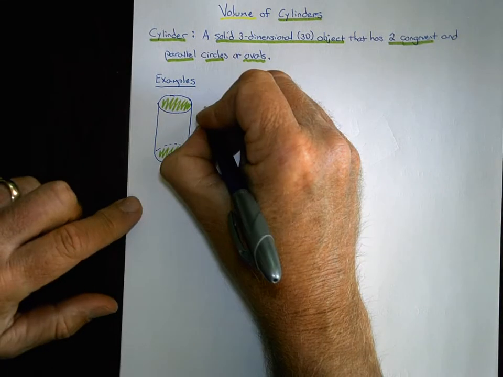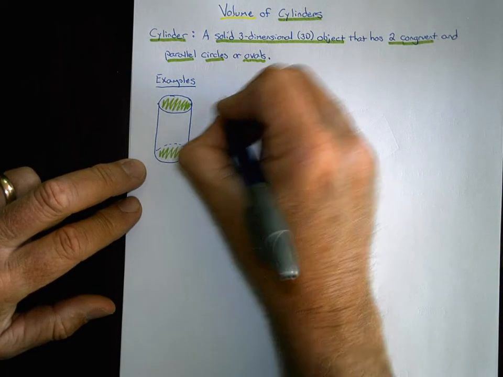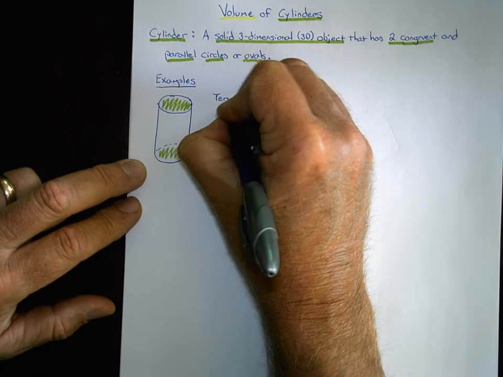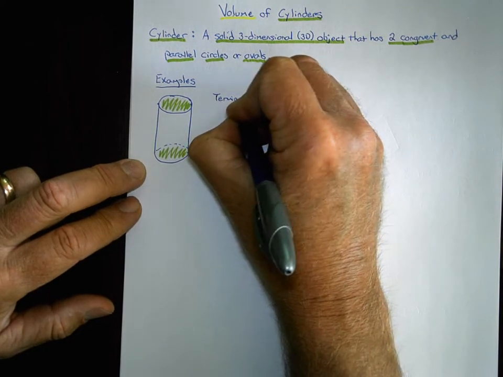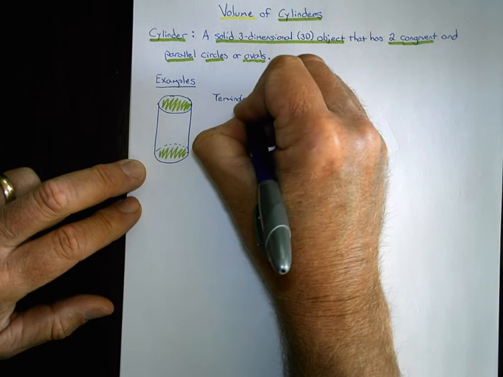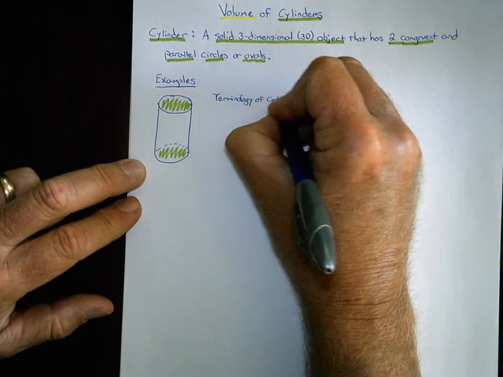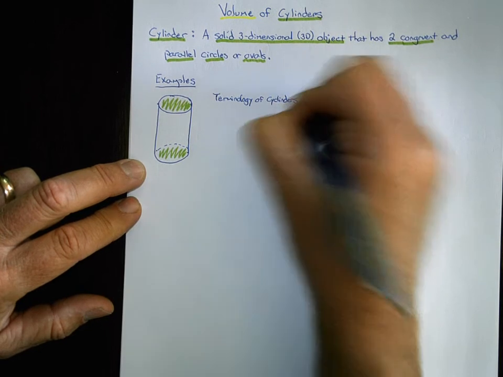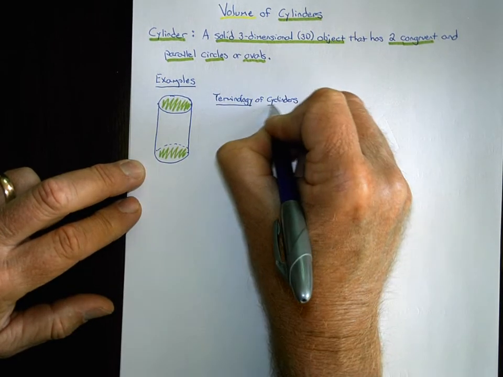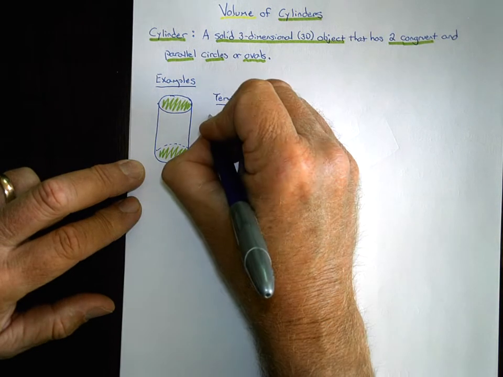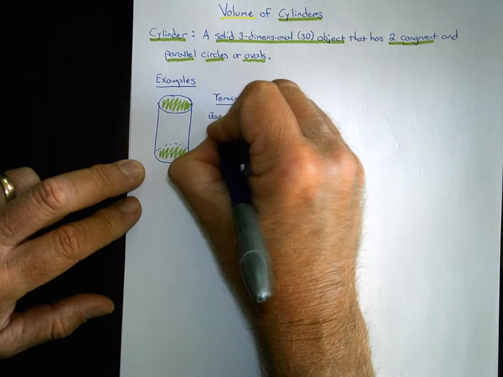Okay, there's a couple terms that we need to go over and understand about cylinders, and this terminology is important because you're going to keep hearing me say these words as we go about finding volume of cylinders. First of all, the bases.